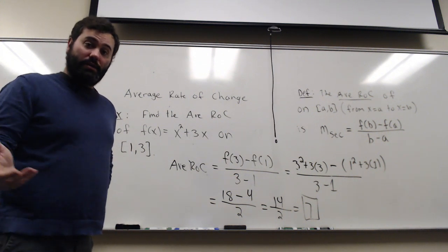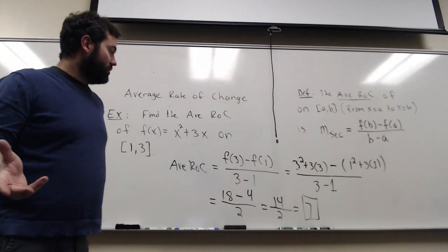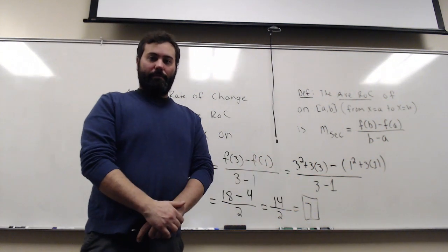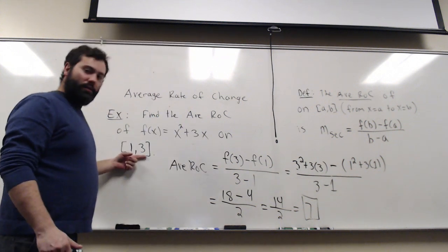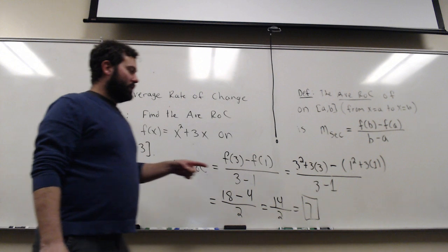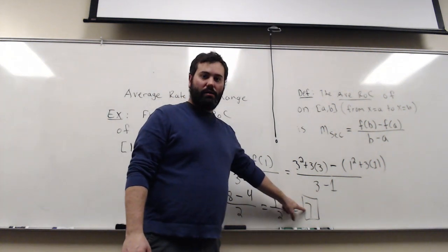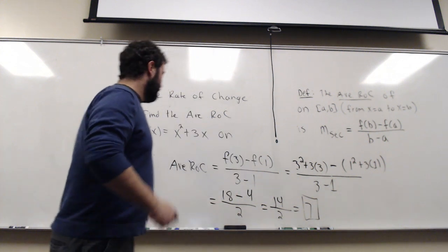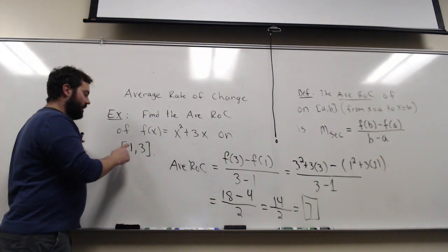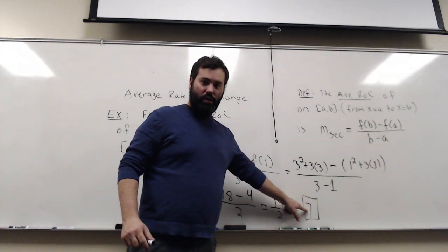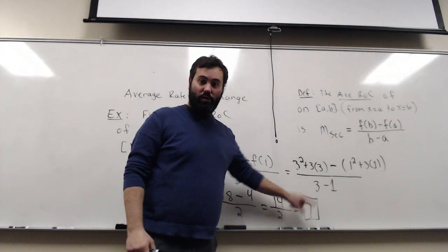So now, technically I should probably give you an interpretation of this. What this means is that on the interval from 1 to 3, on average the function is going to be increasing by 7 units every time I move 1 unit to the right. So if I increase the value of x from 1 to 2, on average the graph is going to rise by 7 units.